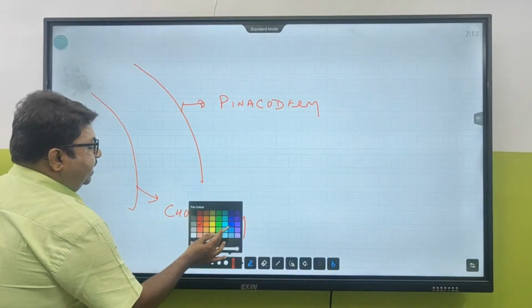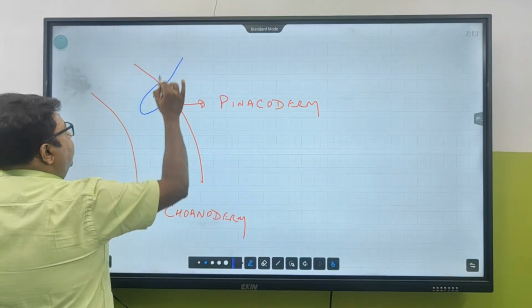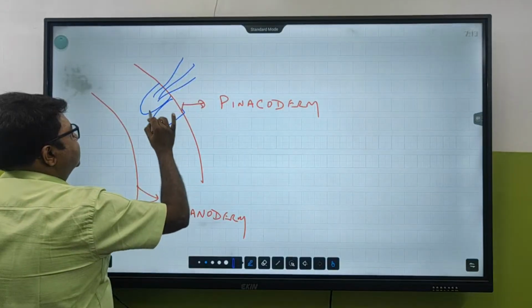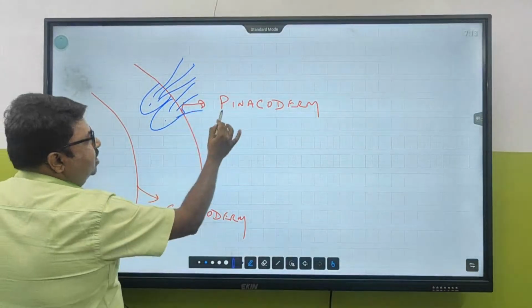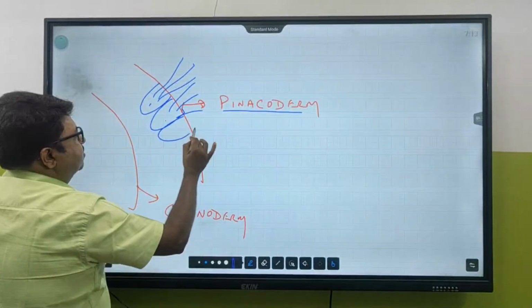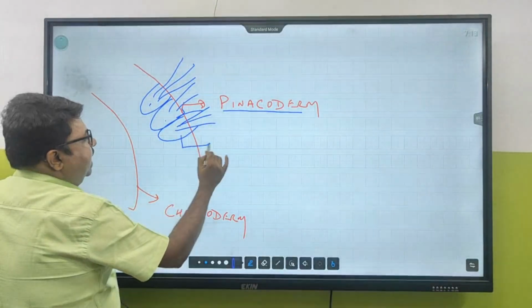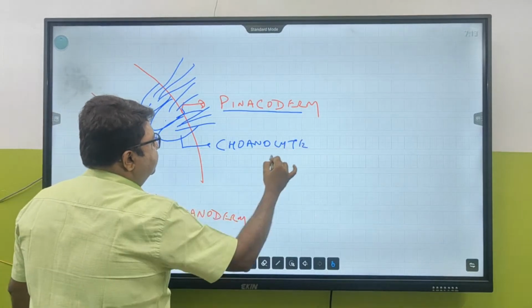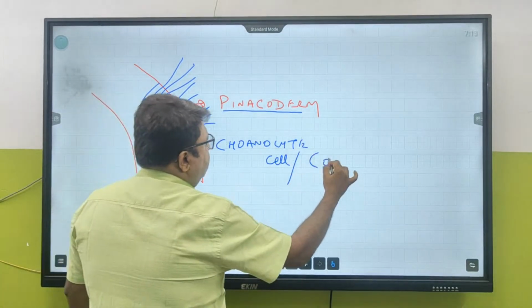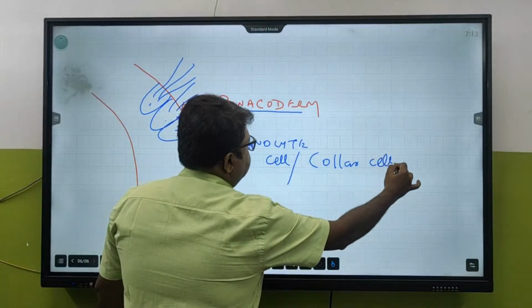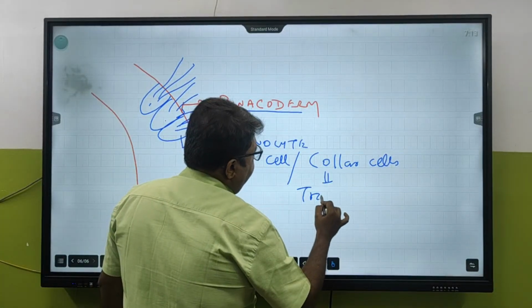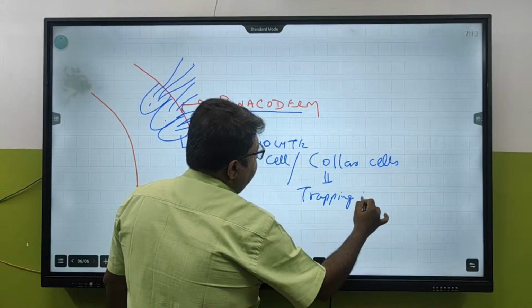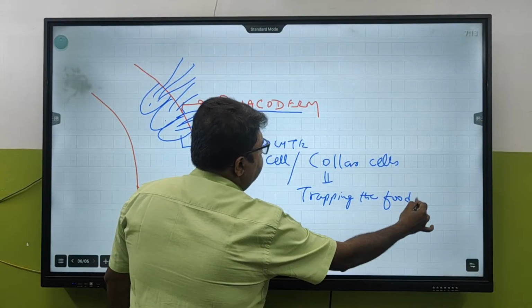The collar cells are present over here with some cilia-like structures. So at the peripheral part of the pinacoderm, they have these cells called choanocyte cells or collar cells, which help in trapping the food. Is this clear?